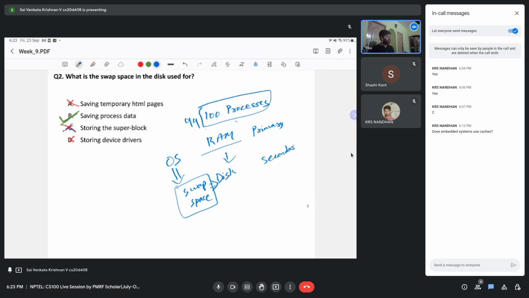The remaining one process you have to store in the swap space, and whenever you have to schedule it, when you have to put it in the ready queue, then you bring the other process and swap it with some other process like that. So that's why the swap space is used. Does that answer your question, Nandan?